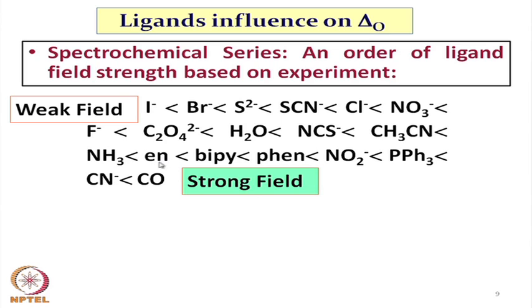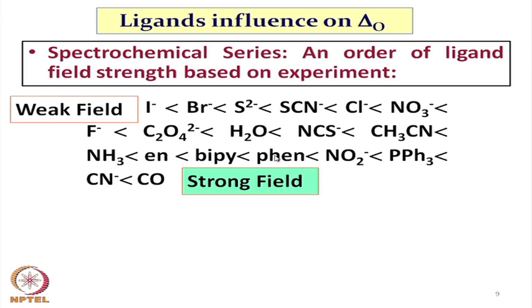So, this has the chelate effect, though oxalate is also a chelating ligand, but it is weak in nature, still weaker than the water molecule itself. So, from this particular part, the ethylene diamine, which is a bidentate NN donor ligand, we can go to the bipyridyl, which is stronger than ethylene diamine, in the stronger region.